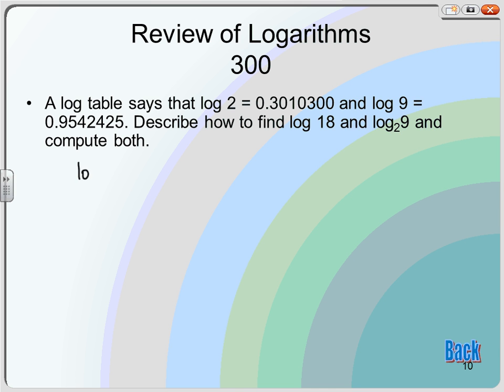So if I have log of 18, and I know I'm going to use log of 2 and log of 9 somehow. Well, 18 is 2 times 9. And I know if I have multiplication, I can separate into 2 separate logs. That's just an addition now.